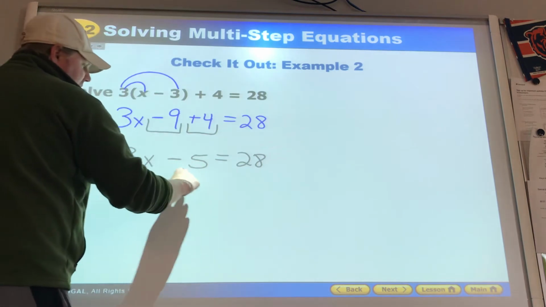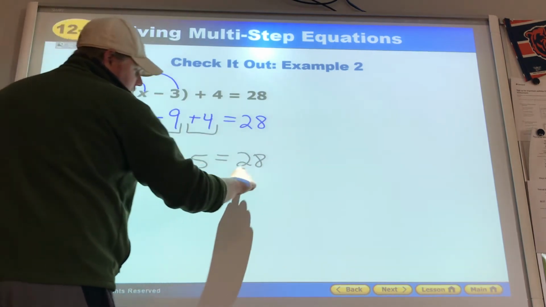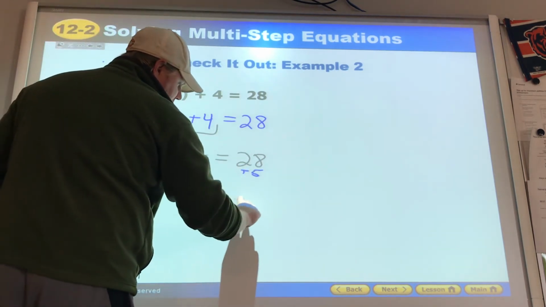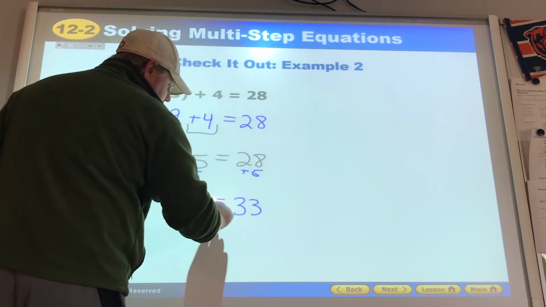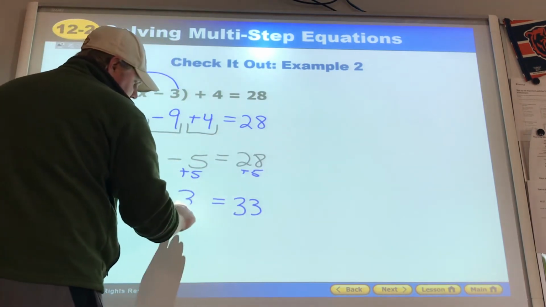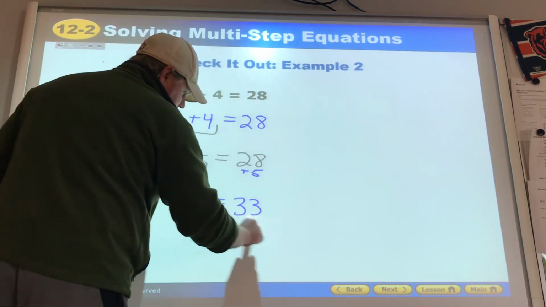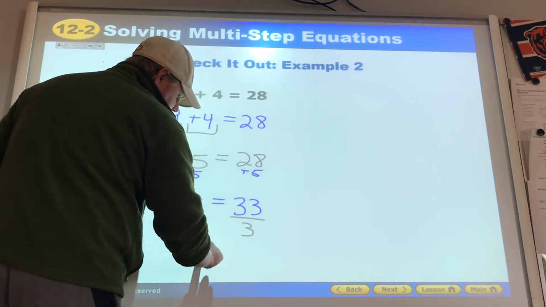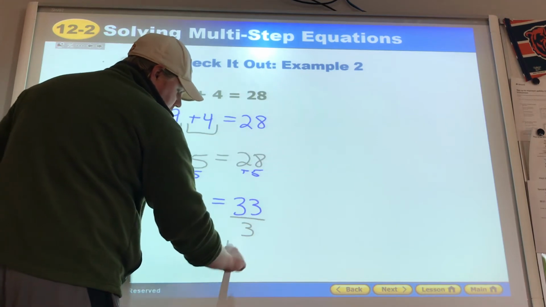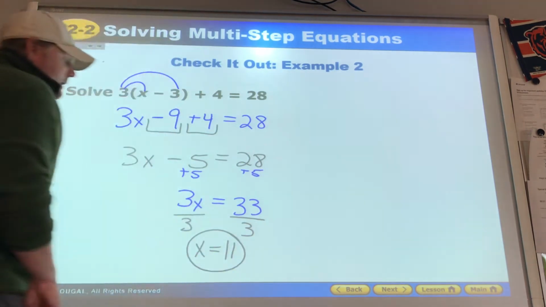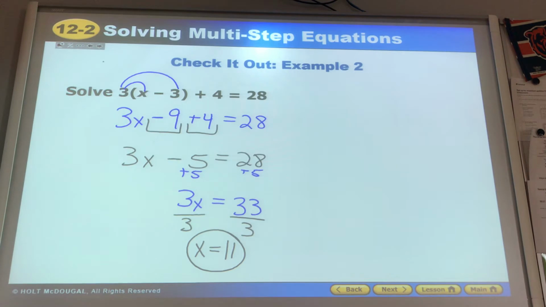Now, I'm going to add 5 because we work on the addition and subtraction first. Add 5. That gets me 33 over here. Gets me 3x. Divide by 3. Divide by 3. Then x equals 11.